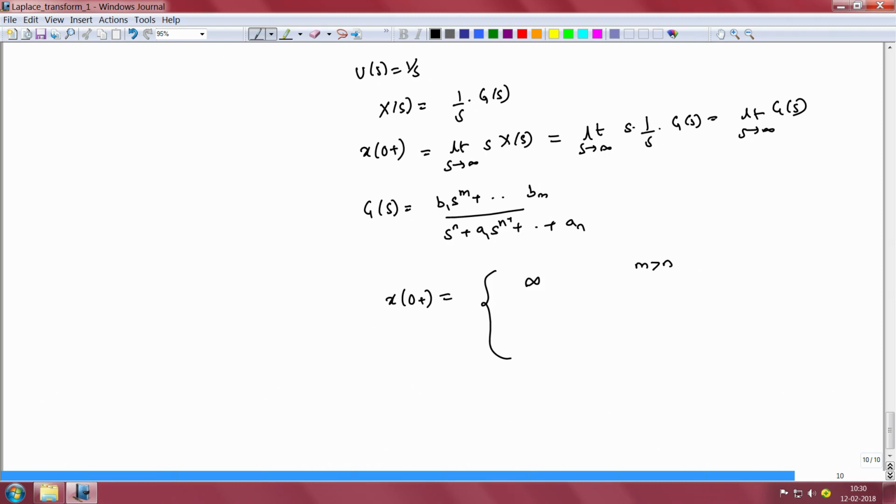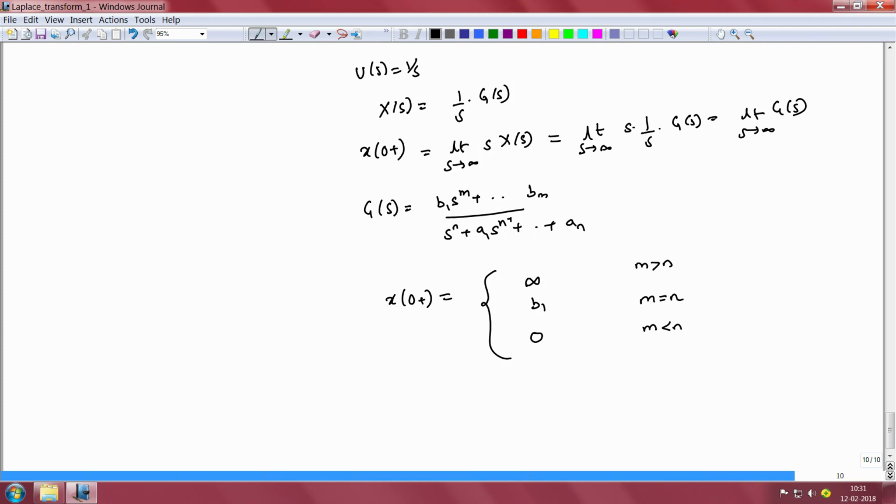However, if m is equal to n, in other words if the degree of the numerator polynomial is equal to the degree of the denominator polynomial, then we would have that g of s would be equal to b1. And in the third case, when m is less than n, we would have g of s to be equal to 0.